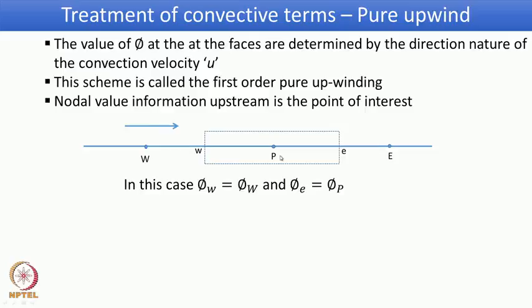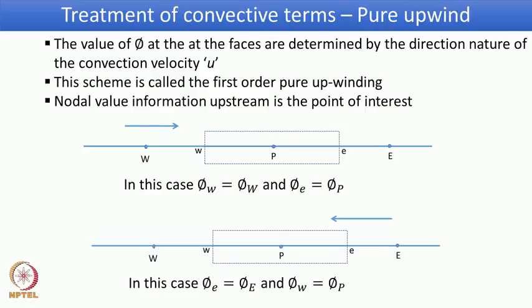Now, you can see very clearly the difference between central approximation and pure upwinding. Let us take another case, where the flow is from right to left as shown here.